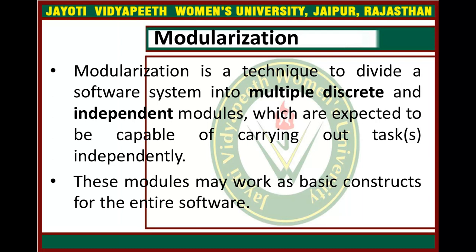These are expected to be capable of carrying out tasks independently, because modular is like, if I am giving an example, a modular kitchen. A modular kitchen means there are multiple discrete, or you can say independent, modules which you can use.